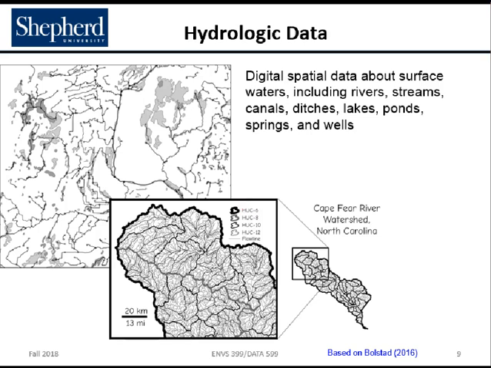The National Hydrography Dataset, NHD, contains digital spatial data about surface waters, including rivers, streams, canals, ditches, lakes, ponds, springs, and wells. The NHD combines data from USGS digital line graph data and United States Environmental Protection Agency EPA river reach data.